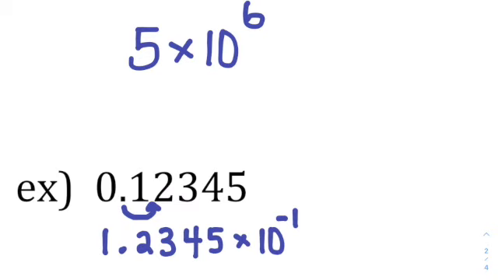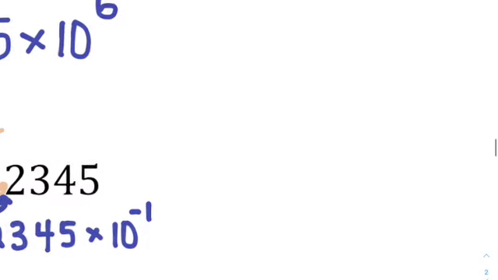From this decimal, I'm going to move it to here, because it's one place over. That's where it is going to end up. And because it's a small number, it's going to be -1. Then the next one, you guys try it and we will compare the answers.